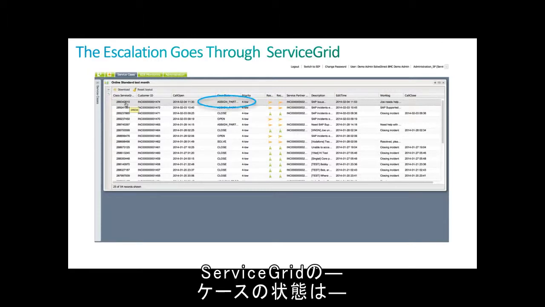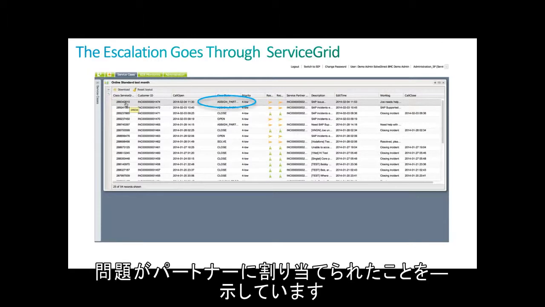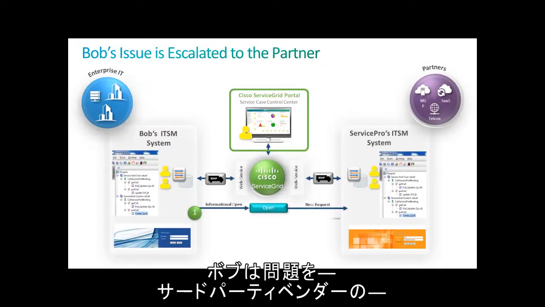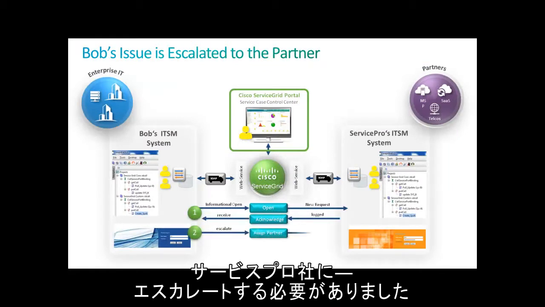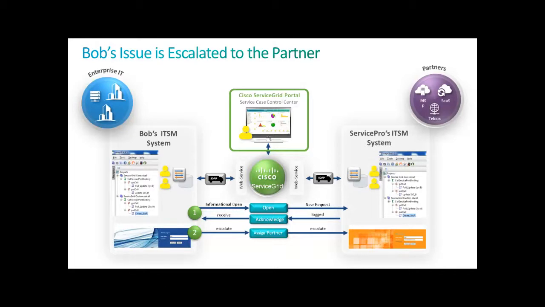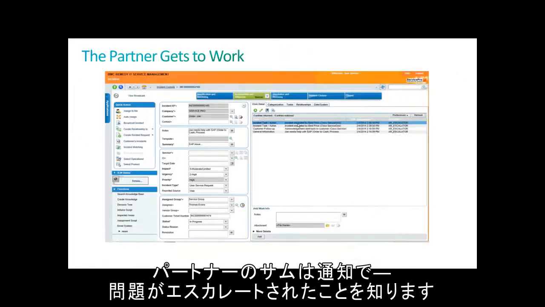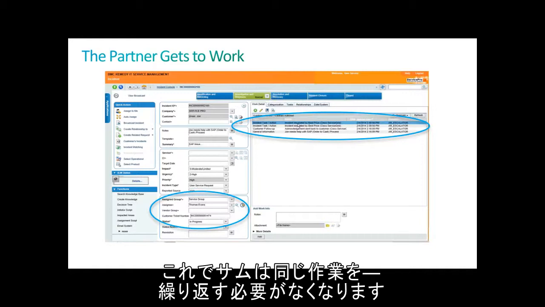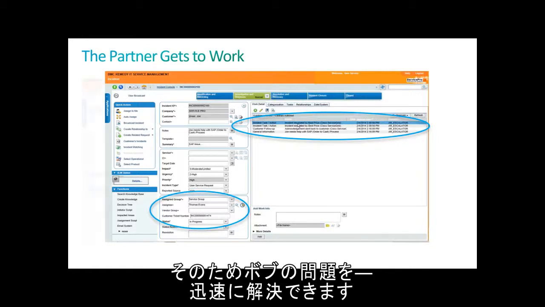Notice now the case state in ServiceGrid indicates the issue has been assigned to the partner. Now Bob has had to escalate the issue to his third-party vendor ServicePro, and through ServiceGrid, the ticket has been properly assigned. Sam, the partner, receives the notice that Bob has escalated his issue, and he can also see what actions Bob has already tried to fix the problem, helping Sam avoid duplication of effort and resolve Bob's issue much faster.